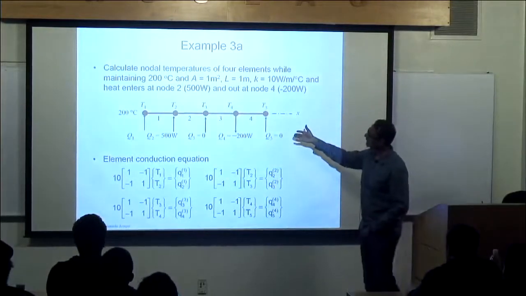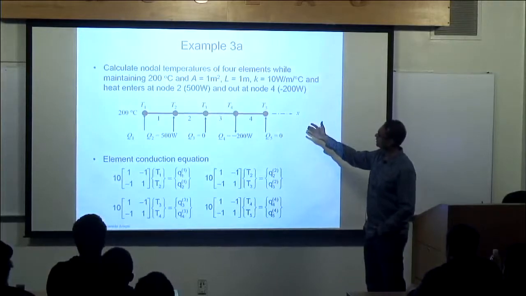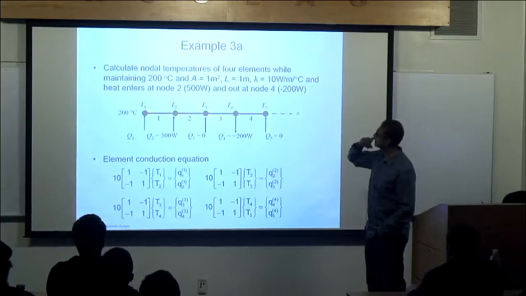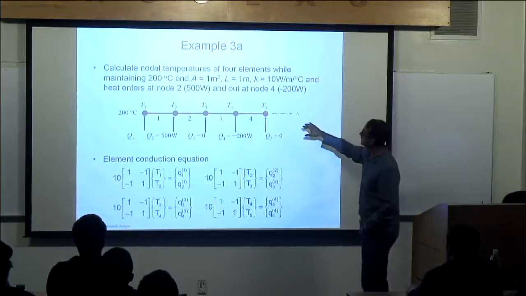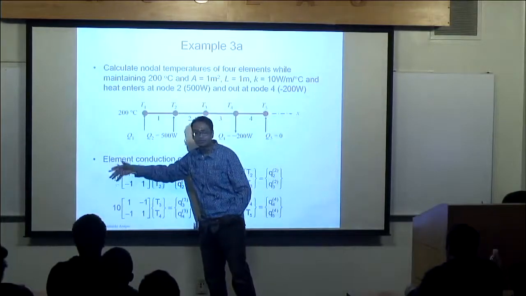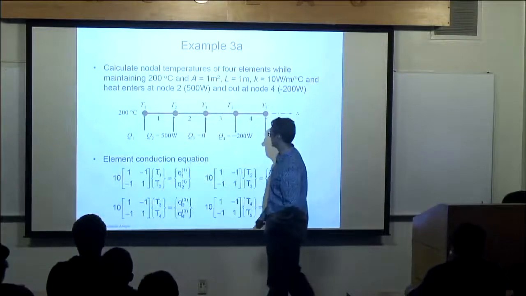I give you the length, 1 meter for the whole thing. The cross-sectional area is 1 meter squared. All that is done on purpose. K is 10, so I can just quickly do the calculation, Ka over L. That's the purpose of that.